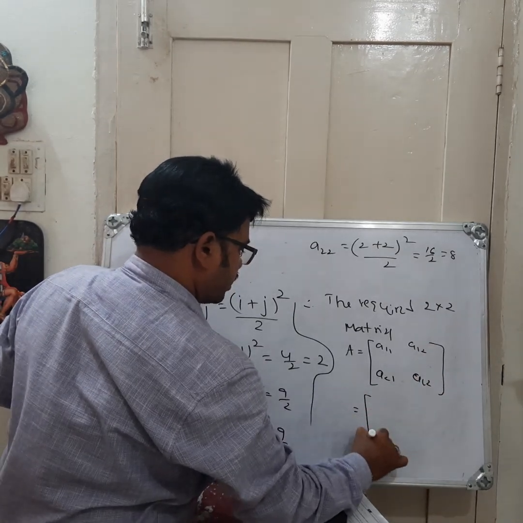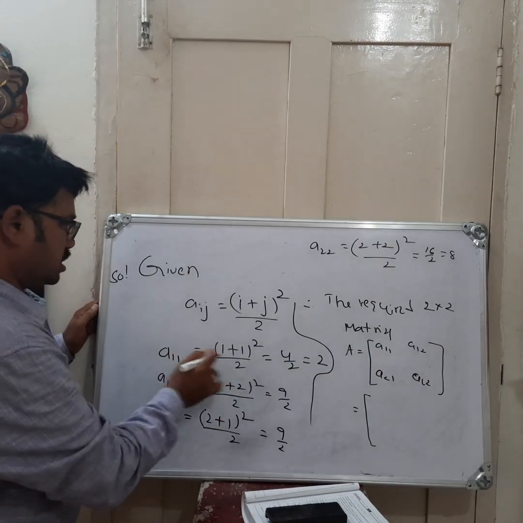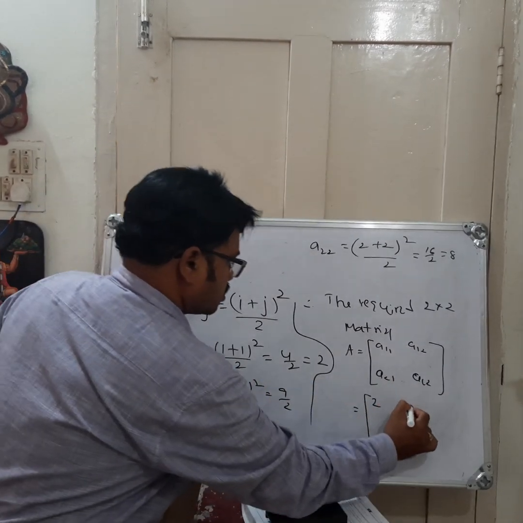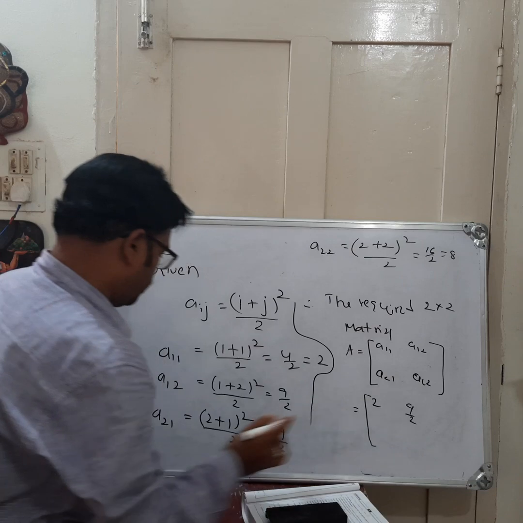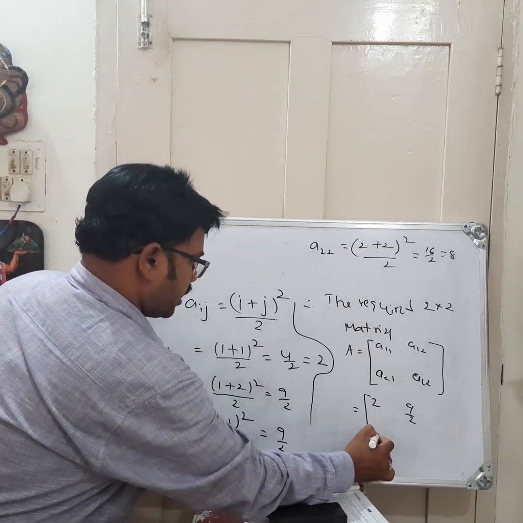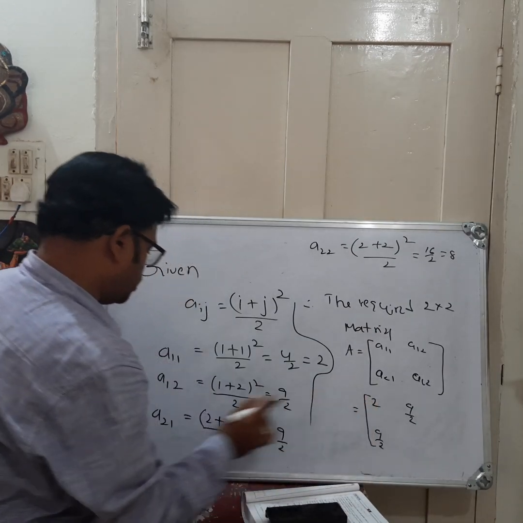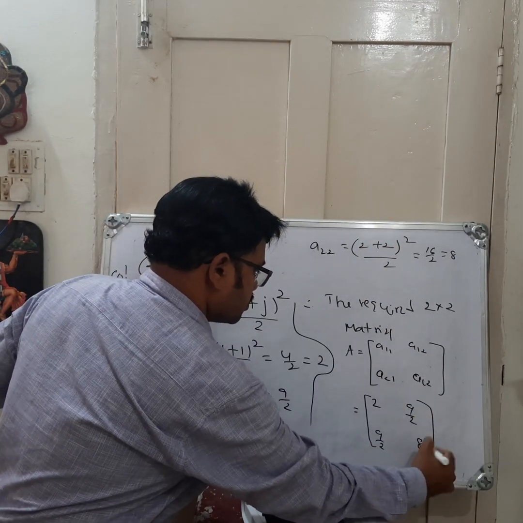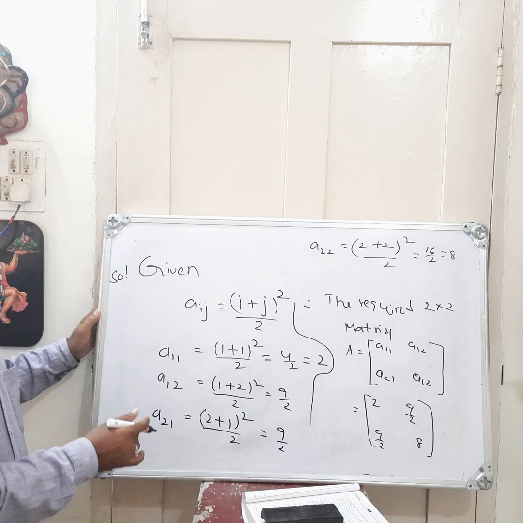That implies the matrix is: A11 value is 2 and A12 value is 9 by 2. Here A21 value again 9 by 2 and A22 value is 8. This is the required 2 by 2 matrix.